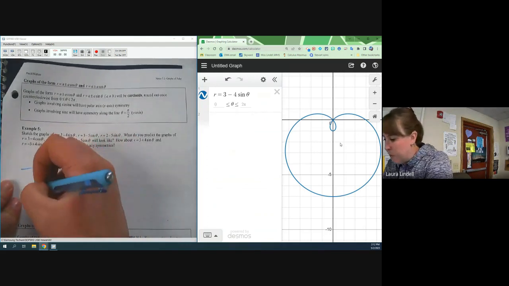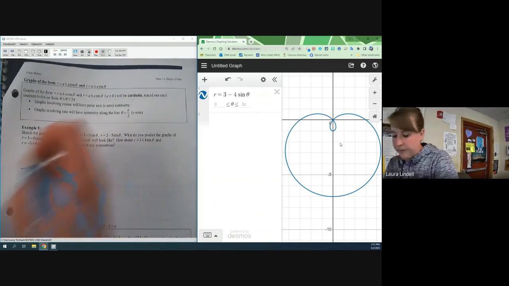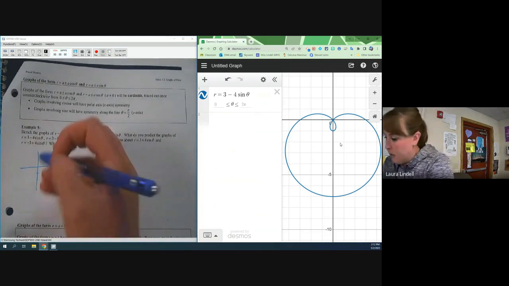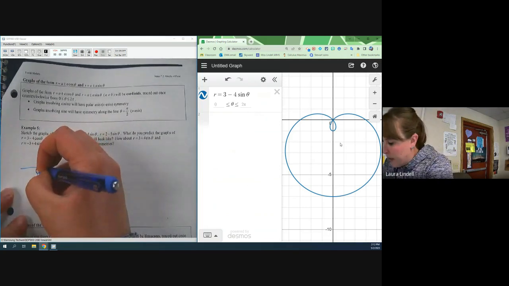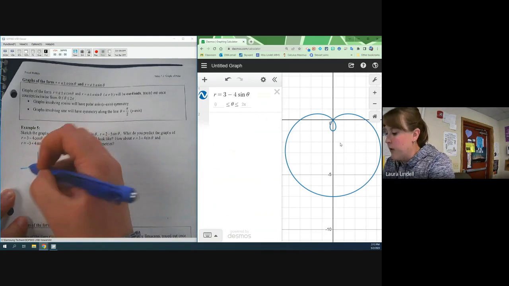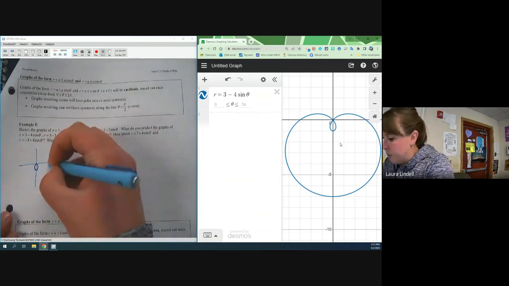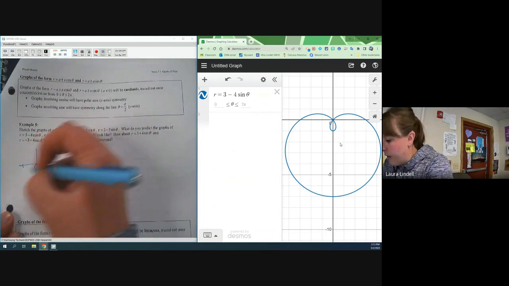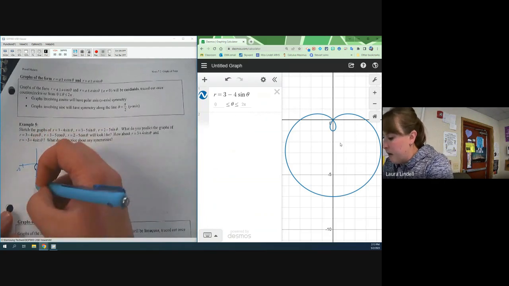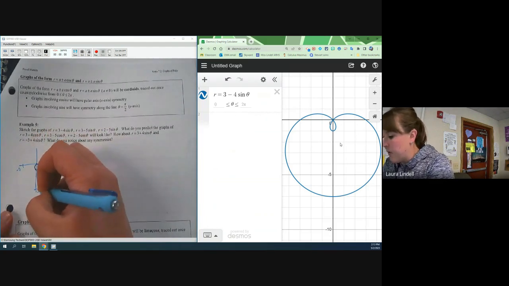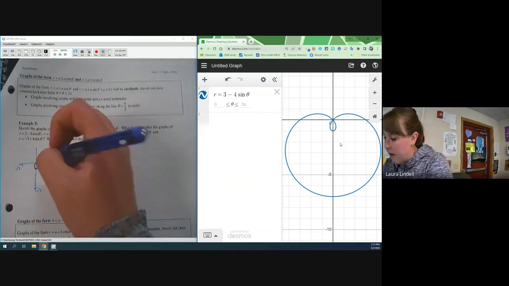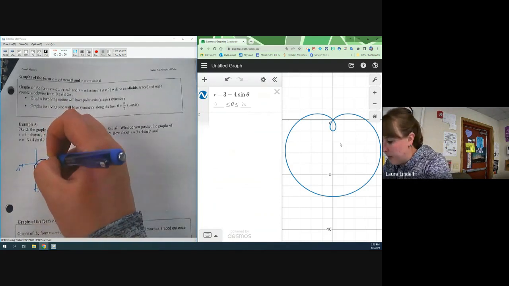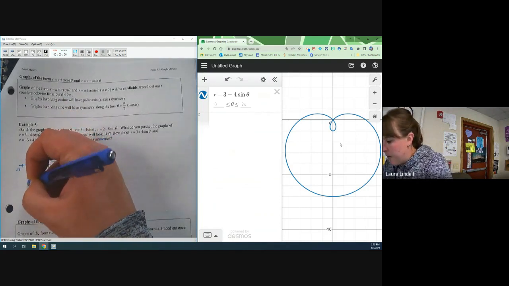So we know the loopy part goes from 0 to negative 1. We know that we cross here at 3 and negative 3, and down here at negative 7. So the rest of our graph is going to look something like that.